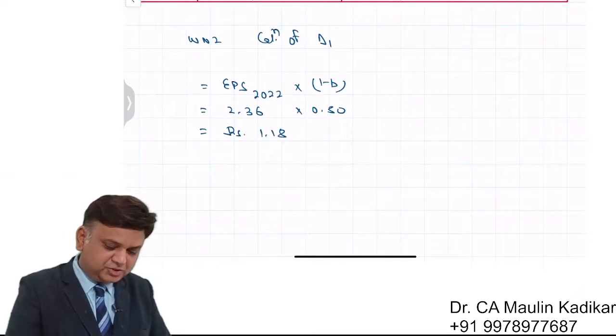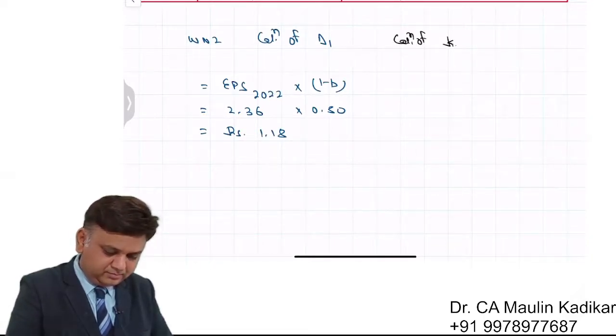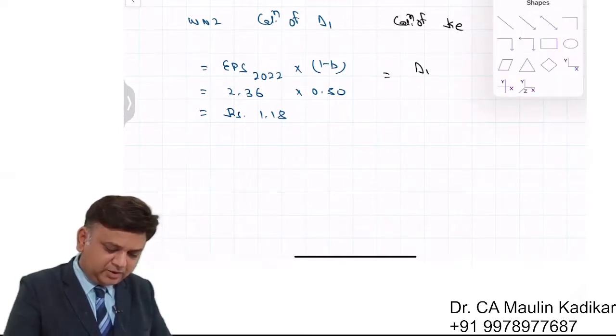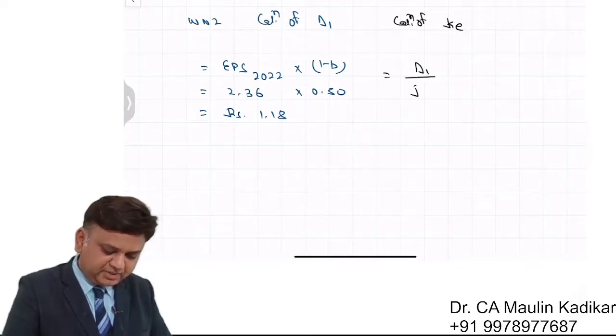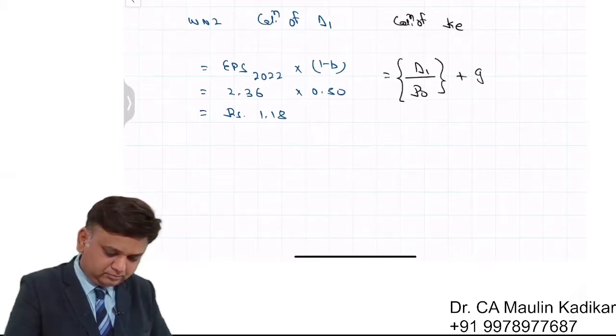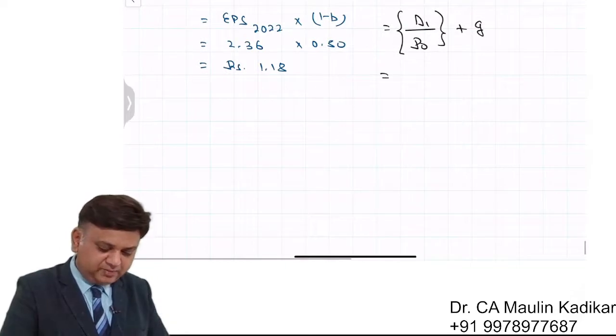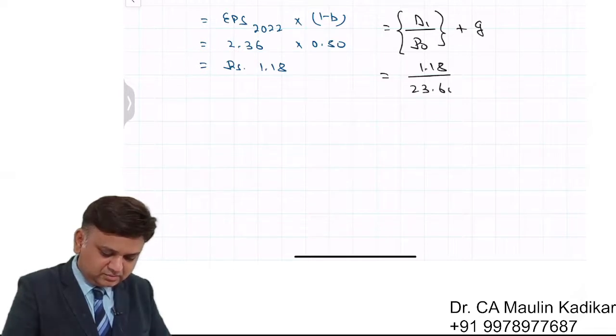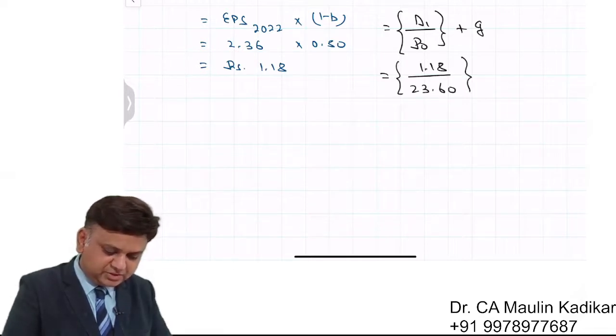Next is calculation of K. It will be found as D1 upon P0 plus growth rate. D1 is 1 rupee 18 paise. P0 is 23.6 plus growth rate is 10 percentage, 0.1001.